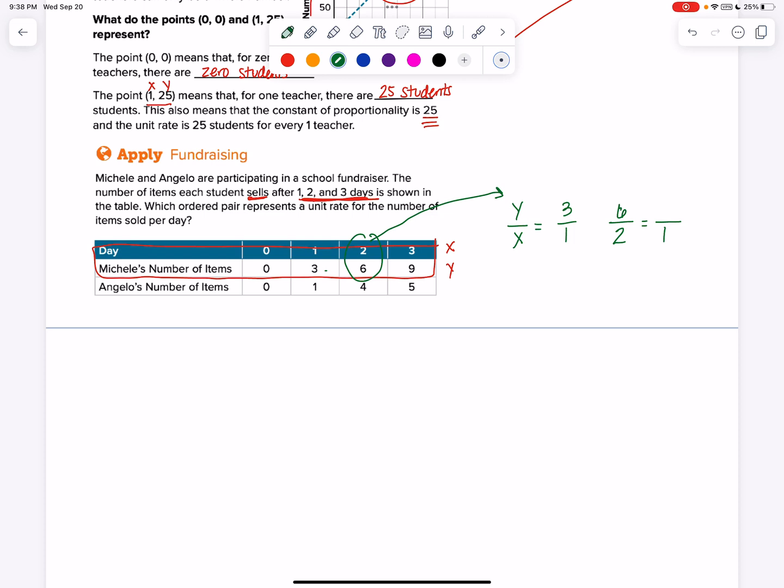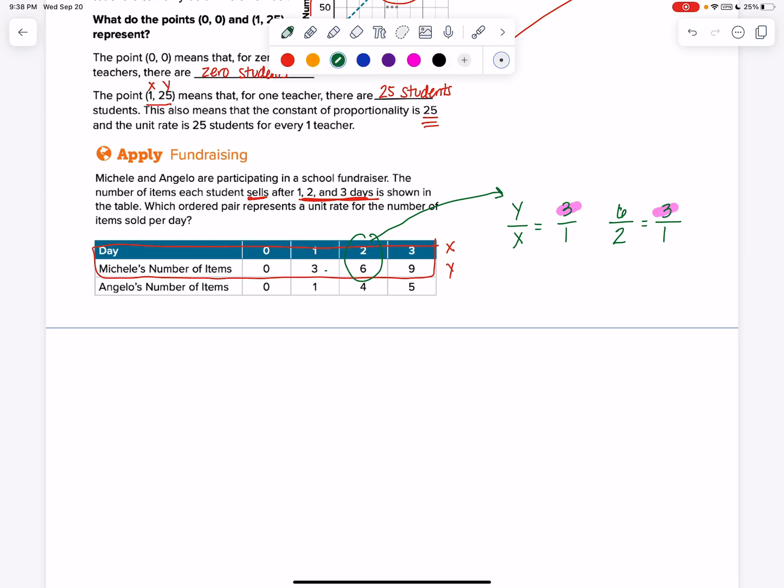Okay, so 6 divided by 2 is 3/1. So we have a constant of proportionality, which is 3. So Michelle's numbers are proportional. For every day she sells 3 items. That's our constant of proportionality right there.